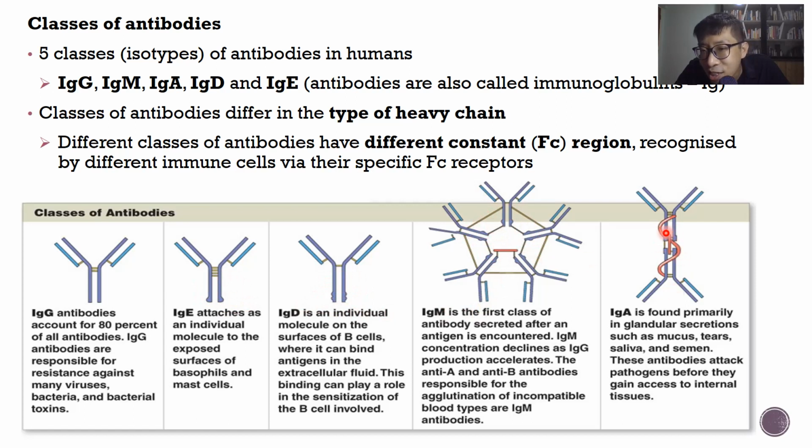Because the constant region is different, they would be able to bind to different immune cells, because they will have different FC receptors. For example, the IgG can bind to FC receptors on macrophages, and IgE can bind to FC receptors on eosinophils. So they do recognize different immune cells.